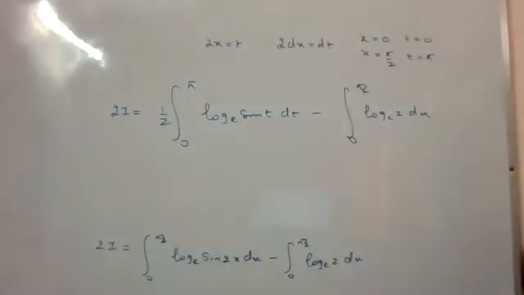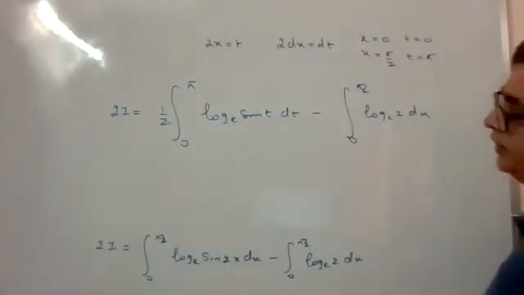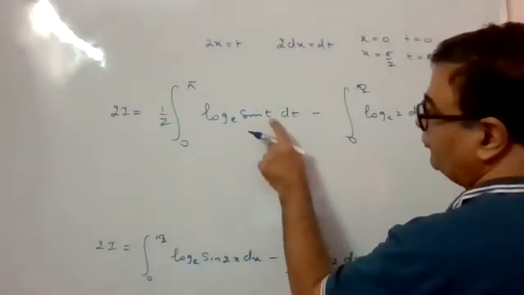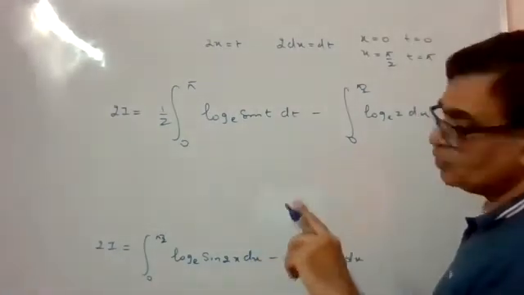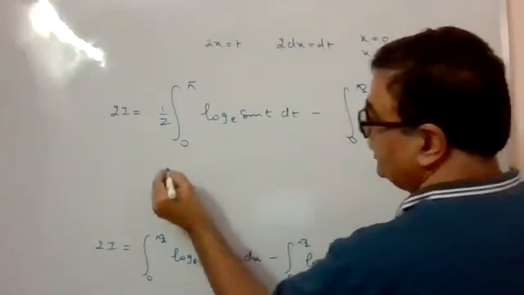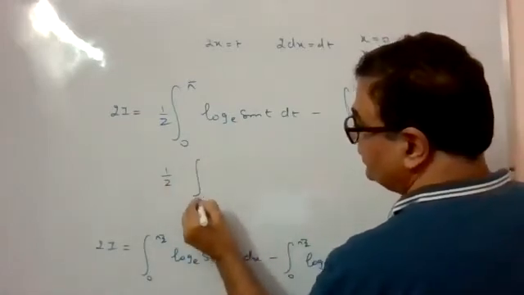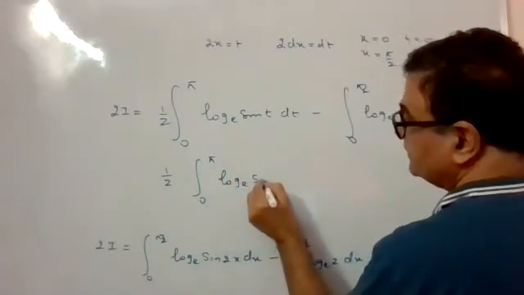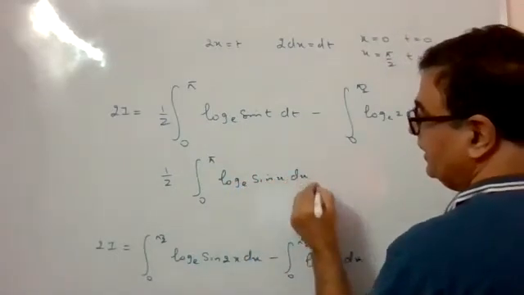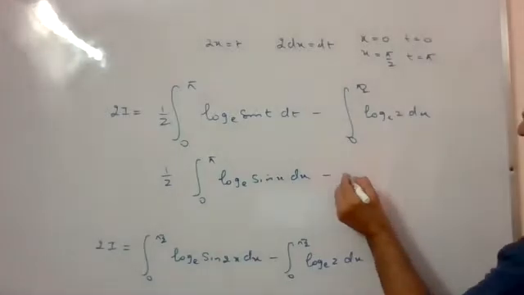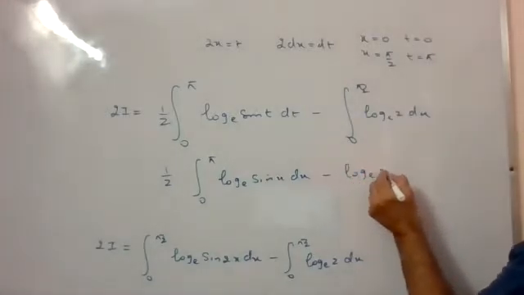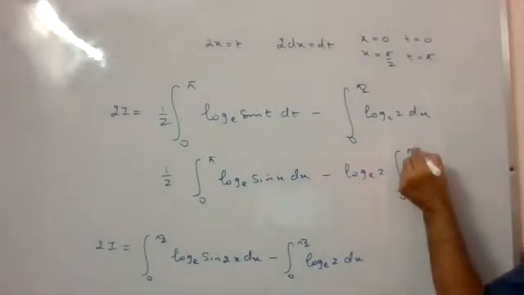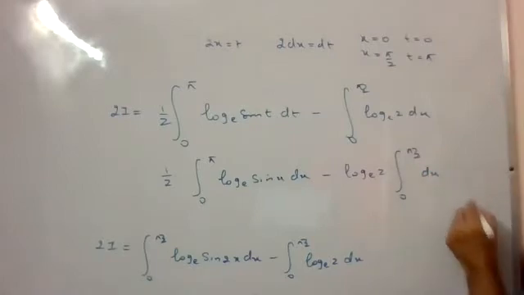Right? Then one thing I can do here: sine of x is here, t can change to x, so I can write this as half integration 0 to pi log sin x dx minus, in this case, log of 2 goes out, left is 0 to pi by 2 dx.